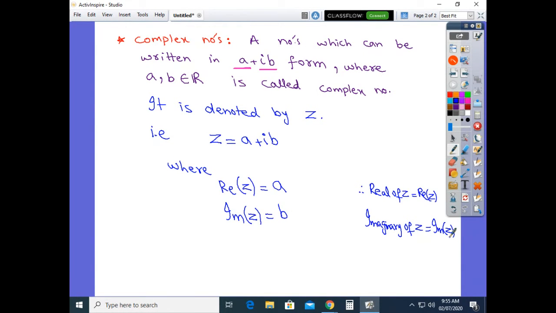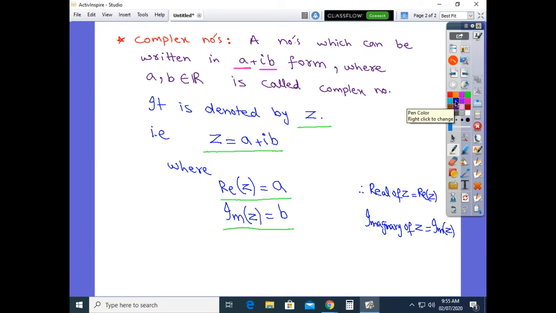Here we define a complex number which can be written in a plus iota b form, where a and b both are real numbers. A complex number is denoted by the symbol z, and it is written in the form z is equal to a plus iota b, where the real part of z is a and the imaginary part of z is b.